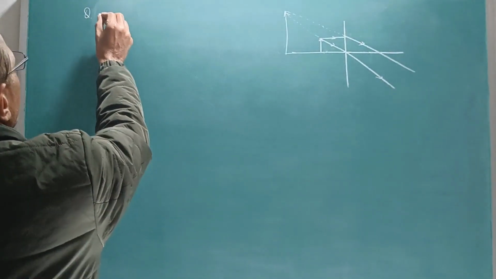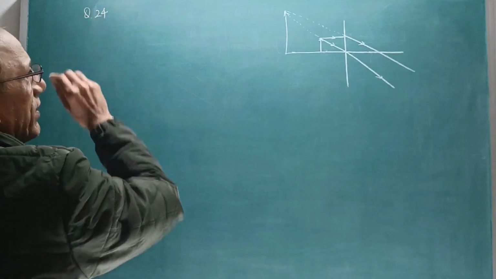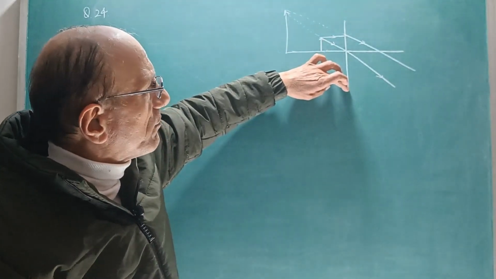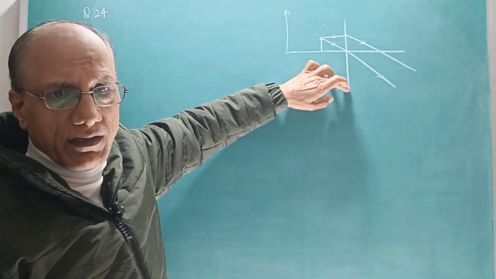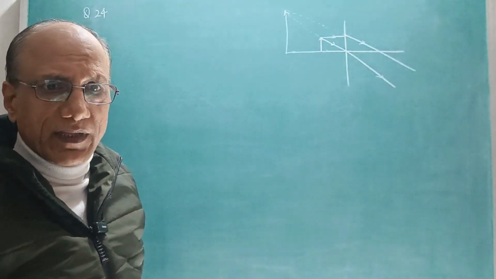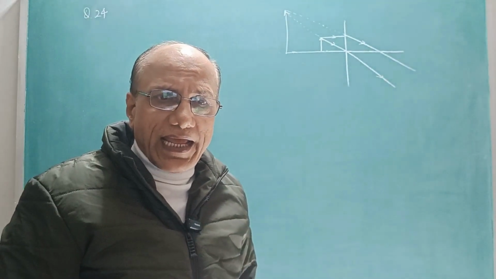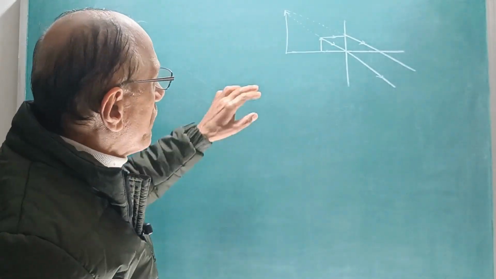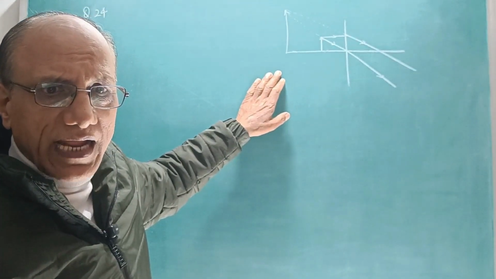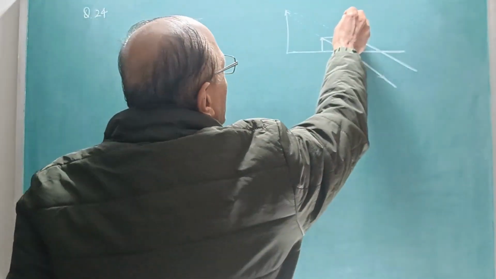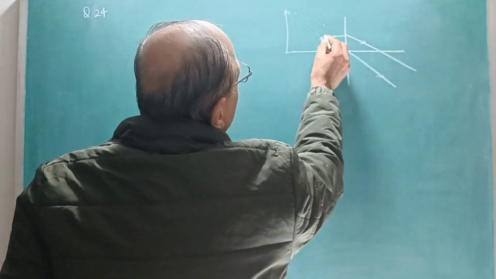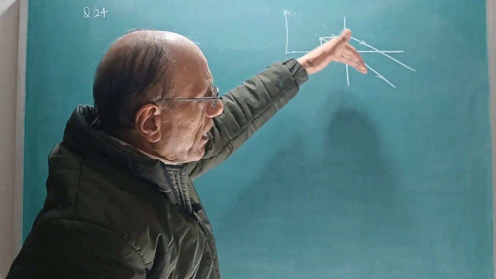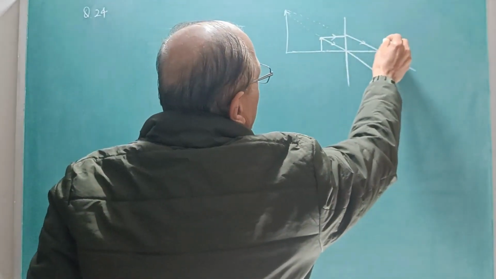Question number 24. Here is the lens which has been shown by a dark line. Analyze the figure and answer the following questions. The first, A, is what is the type of lens used? As you see, this ray which is parallel to the principal axis is being converged to the focus.